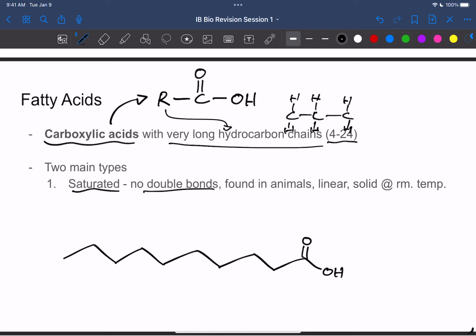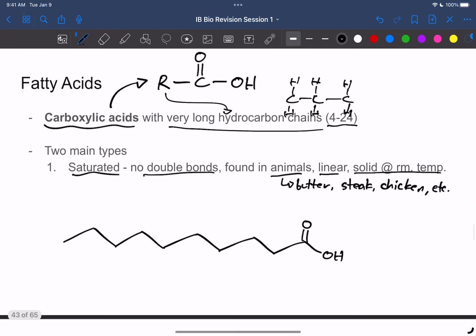There's a maximum number of hydrogens. It's found in animals, which means stuff like butter, steak, even chicken. It's linear. You can see that it goes in a straight line. And it's solid at room temp.